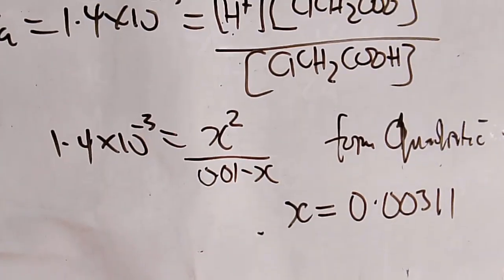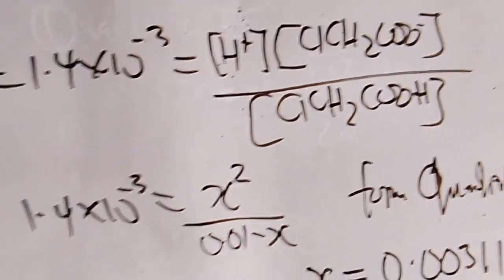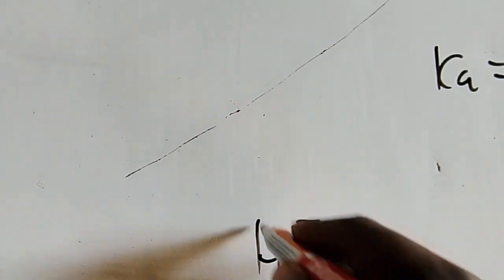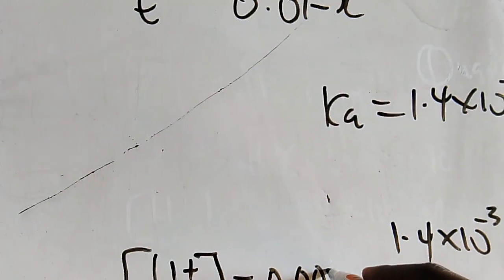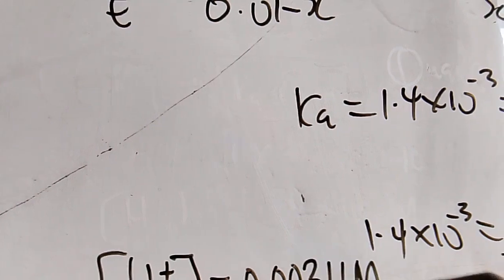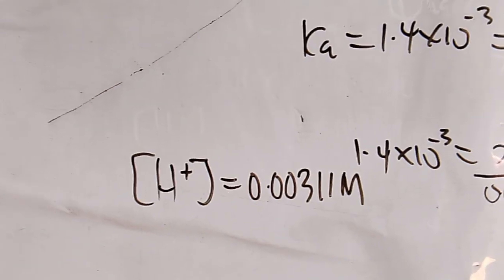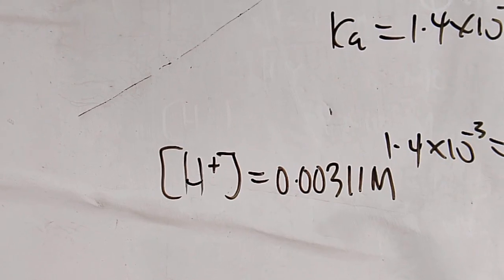This value of x is the hydrogen ion concentration, 0.0000311 molar. Now we can calculate the pH.